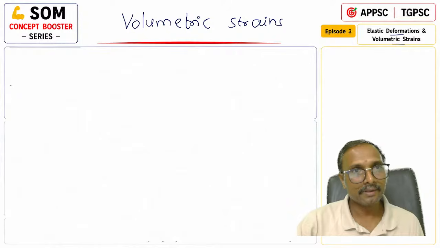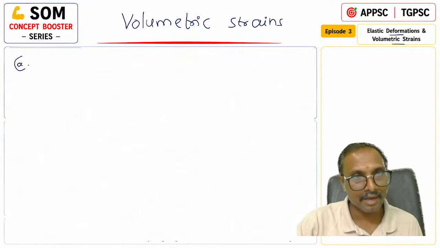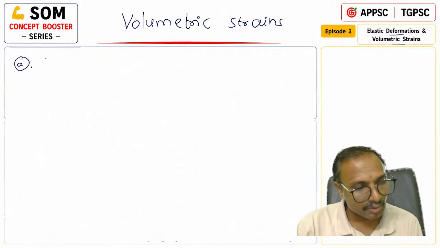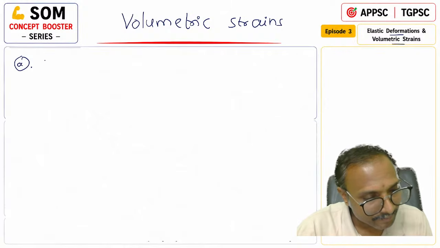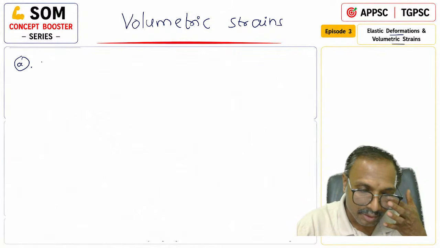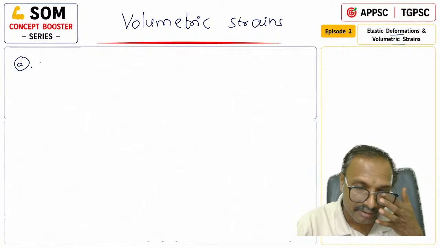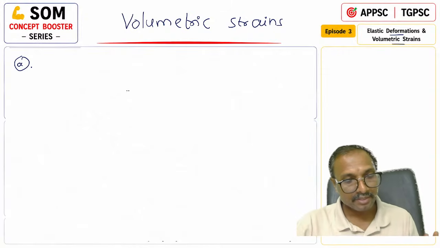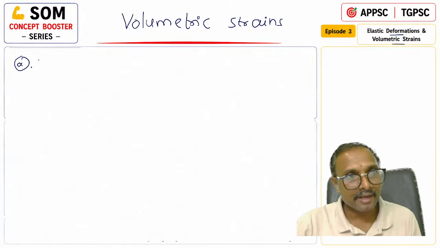So here there are different types we are having. Elastic deformation of standard bodies we'll see. Volumetric strain means change in the volume by the original volume only. Suppose a rectangular bar is there.